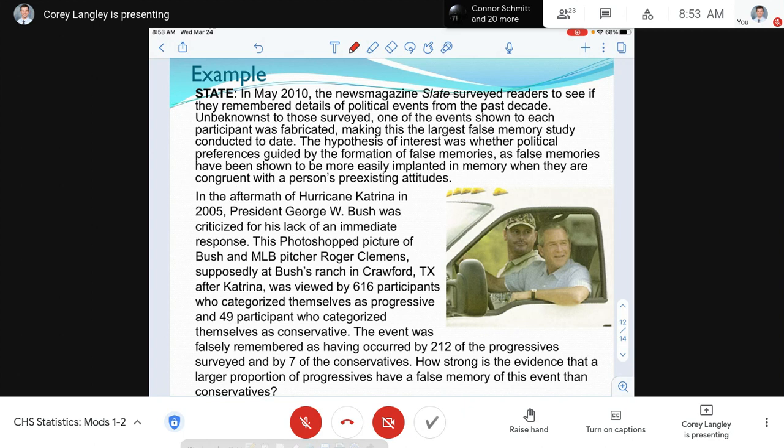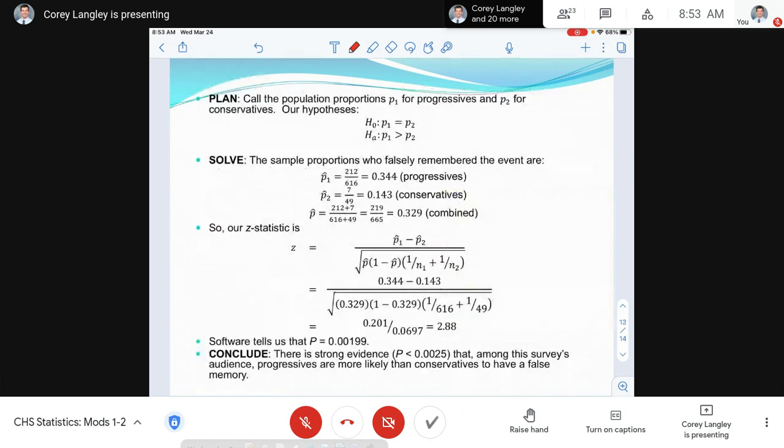Now, we'll talk about these disproportionate sample sizes in a moment, but let's look at our data here. The null hypothesis is that there's no difference between the proportion of progressives and conservatives who falsely remembered this. P hat 1 is the progressives, P hat 2 is the conservatives.